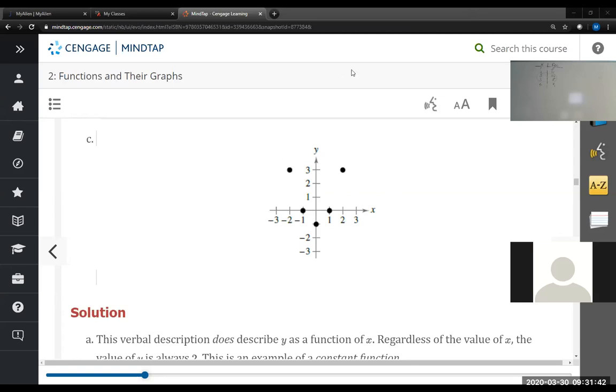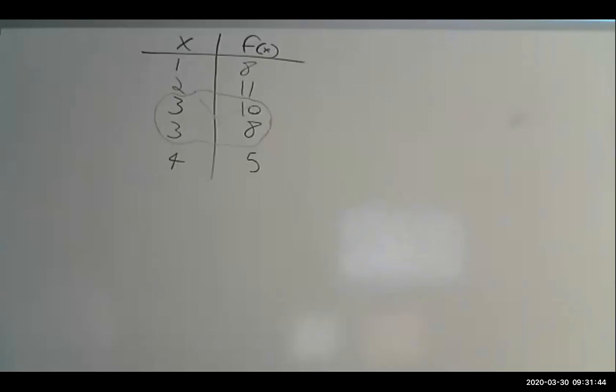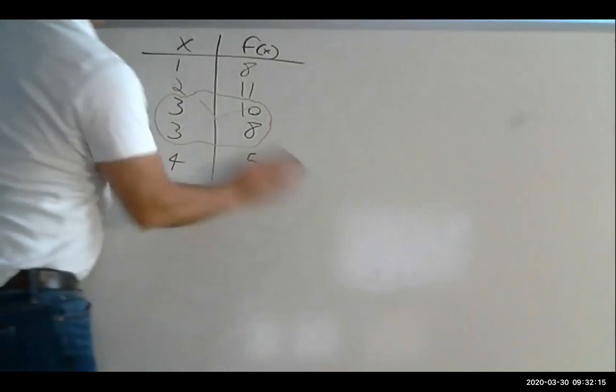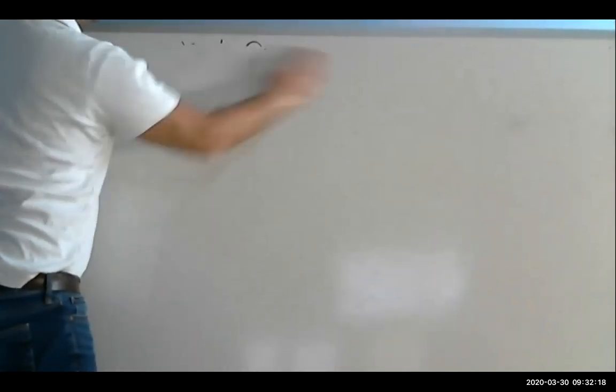When we are checking a table, we can do what was suggested earlier, which is basically just take the values in the table and ask, are there any duplicates in the x column? If there are, then it's not a function. But graphically, we have a very, very simple test.